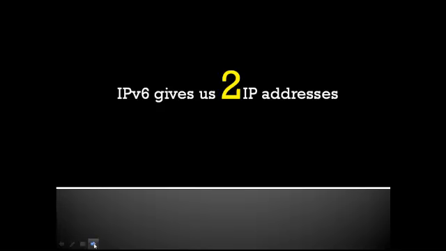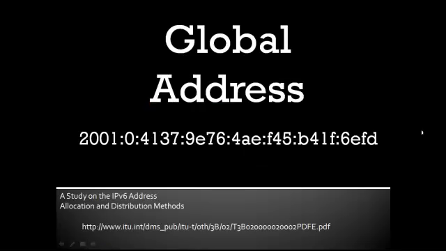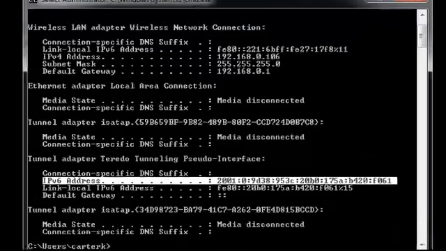Guess what? IPv6 gives us two IP addresses, a global Internet routable IP and a link local IP, which is only good on the local network segment. An IPv6 global IP address is a unicast address and is routable on the Internet. If you want to see if your Internet service provider is offering IPv6 services, you can enable IPv6 on your Windows or Linux system, do an ipconfig or ifconfig to see if you have a global IPv6 address.